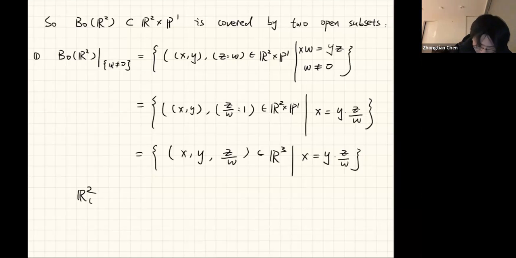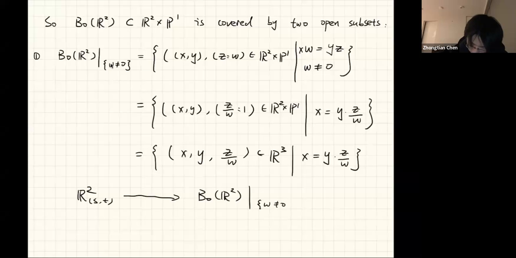of this. We take R2 and I will use s, t for coordinates on R2, and we will have a map. Let's look at this relation here. This just means the first coordinate is a product of the rest of the coordinates.